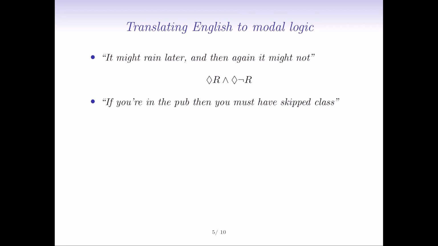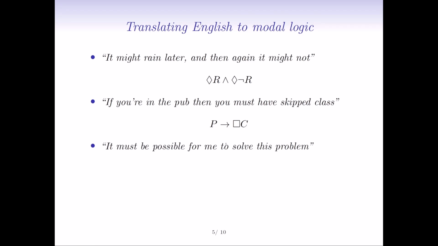So I would choose to render this as the formula P implies box S. If P, then necessarily S. Oh, so I see that I've written C for skipped class and not S. That's the danger of not having read carefully enough beforehand.